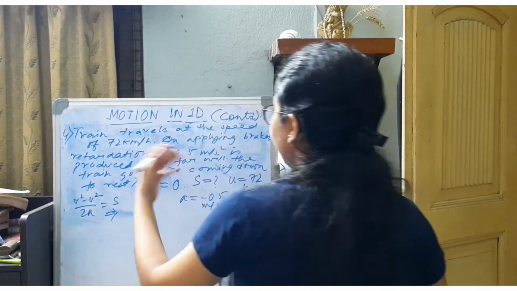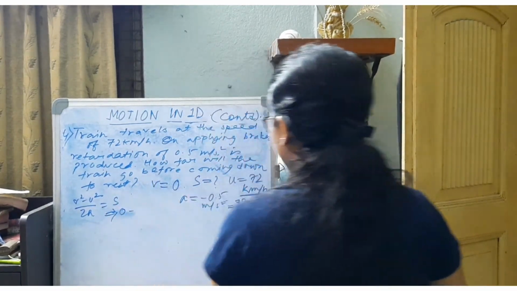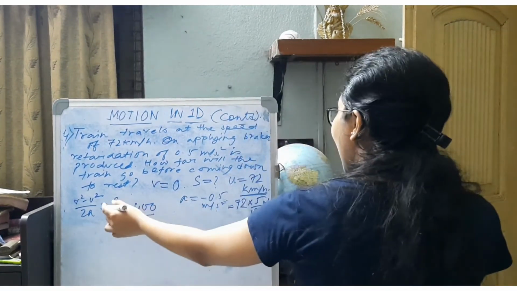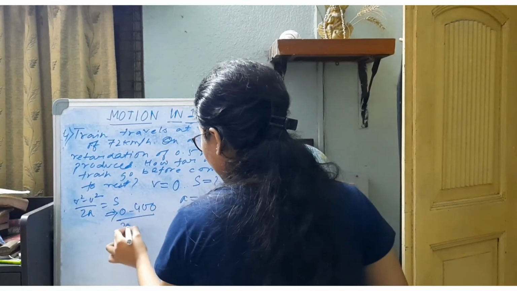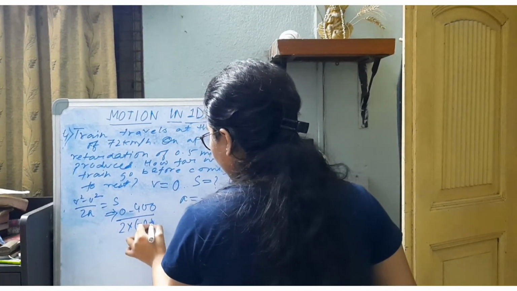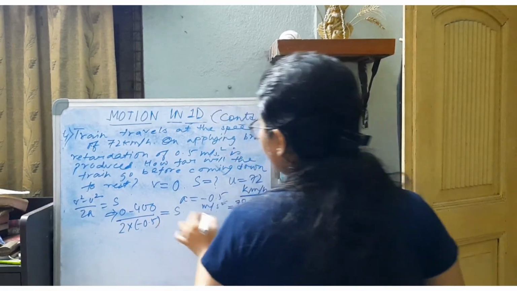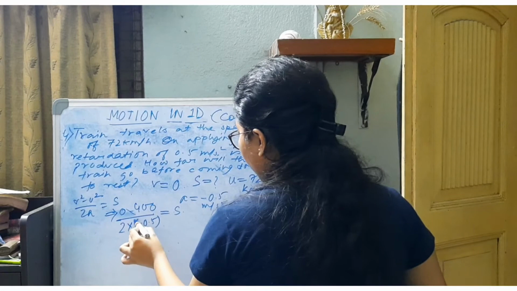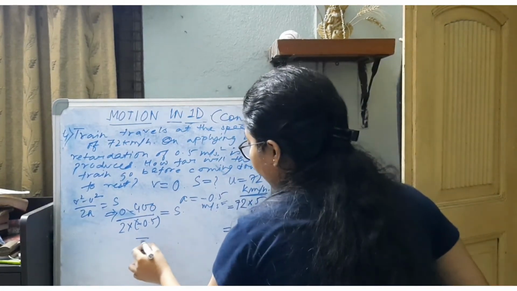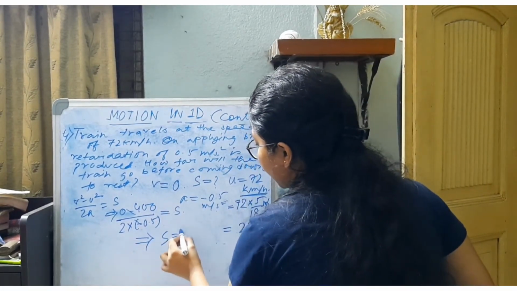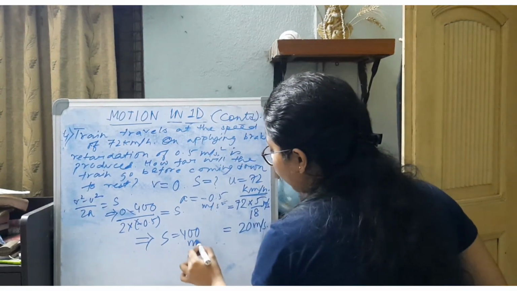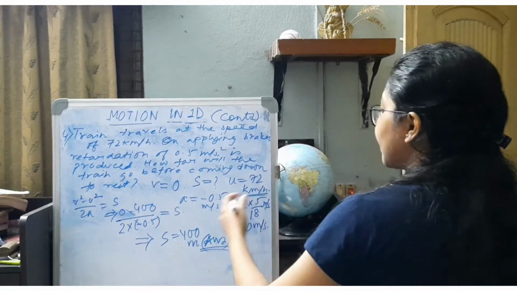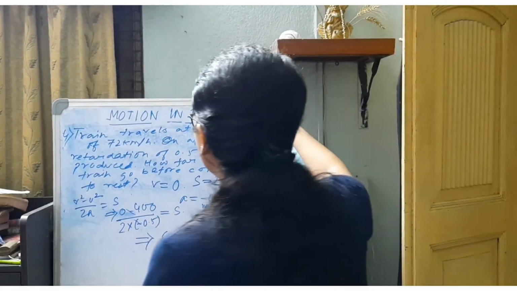Okay. So the final velocity is 0. The initial velocity square will become 20 square, 400, and the 2a part becomes 2 into minus of 0.5, which is the final displacement. Now you can see that the displacement will not be coming as negative because the minus sign cancels over here, and finally we have the displacement as 400 meter. Okay. So this is our final answer, that it travels a distance of 400 meter before coming down to rest.